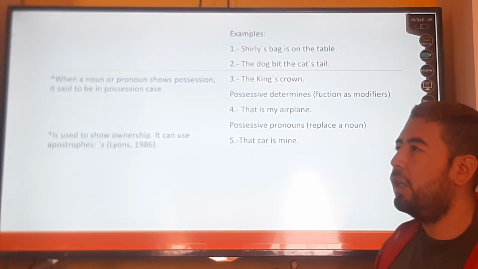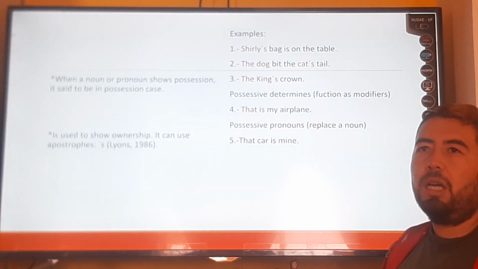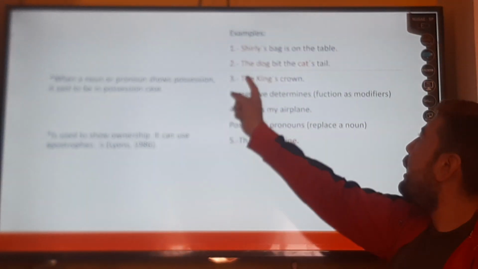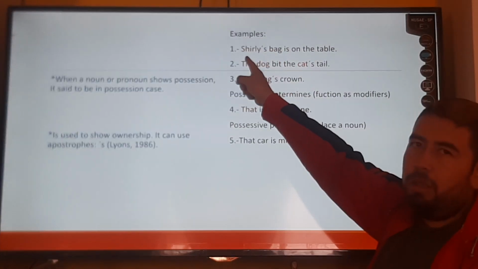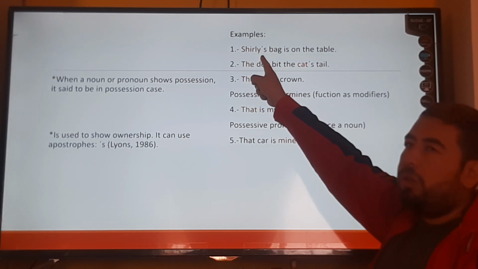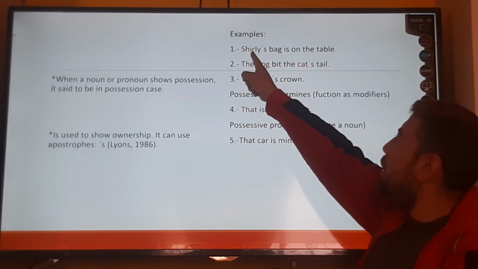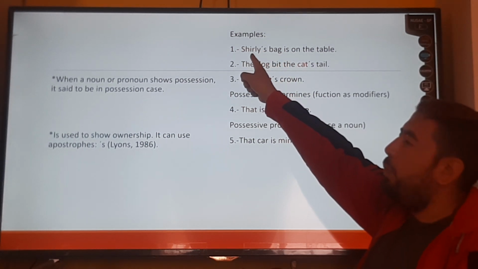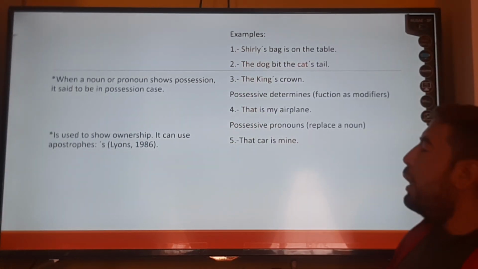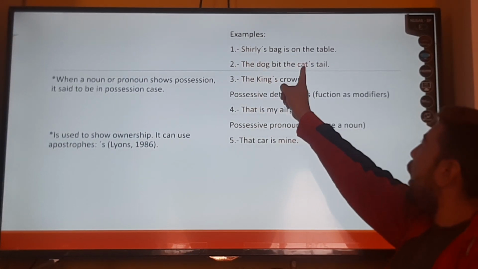In these first three examples, in sentence 1, Shirley's bag is on the table. I don't talk about Shirley. I talk about the bag of Shirley because it shows possession. The bag belongs to Shirley. In the second, you can find the dog and cat.